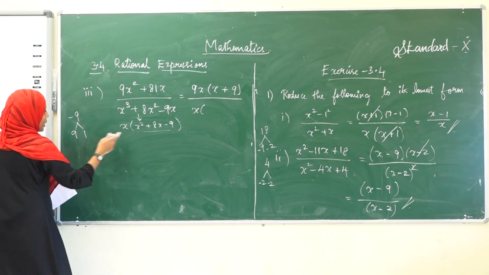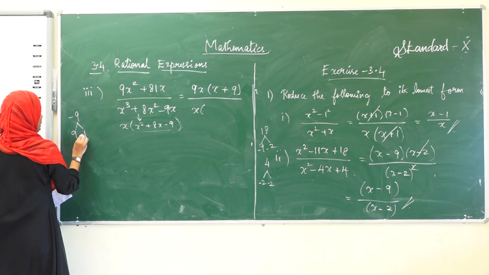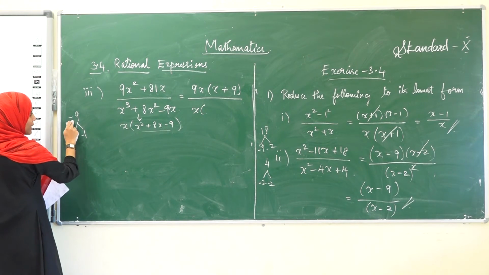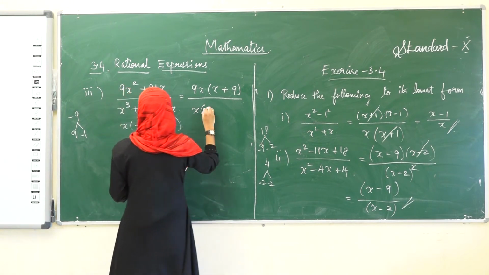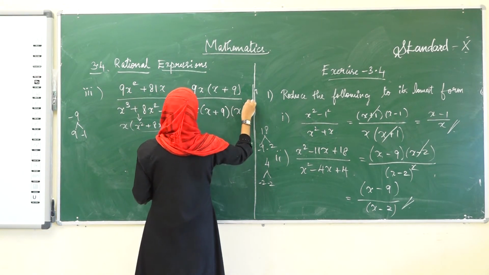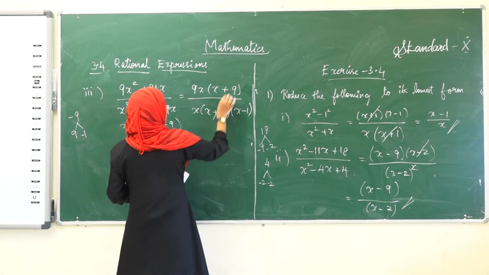While adding we should get plus 8, and while multiplying we should get minus 9. Therefore, x into x plus 9 into x minus 1. Okay, the second step we are going to cancel the common terms. The common terms are this and this.